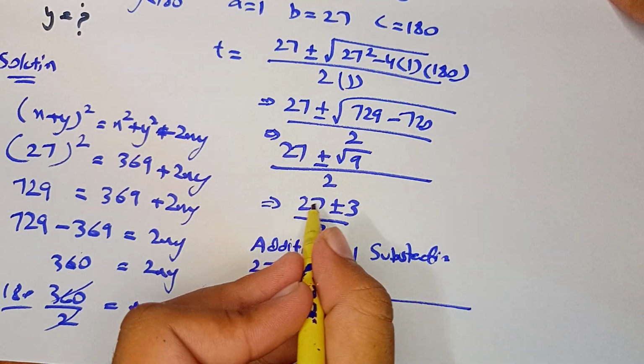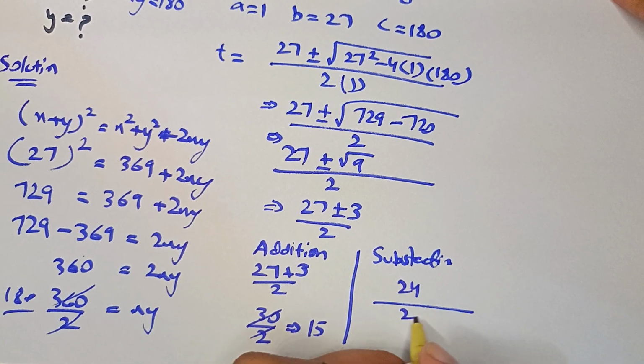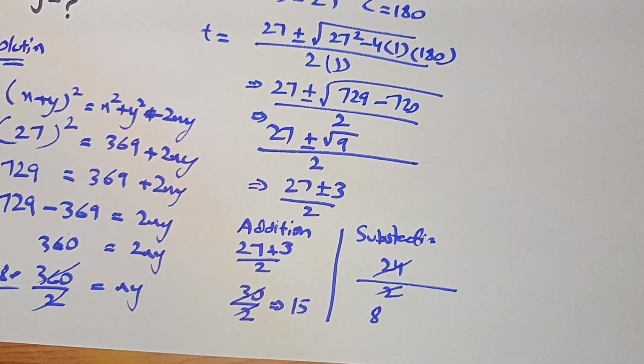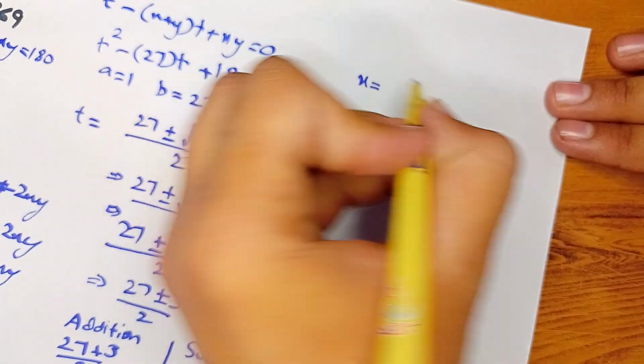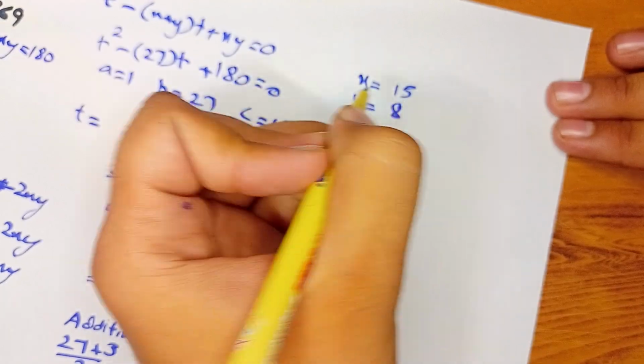On the other side, 27 minus 3 is 24, divided by 2, and our answer is 12. So we get two answers, 15 and 12. So our x should be 15 and y should be 12.